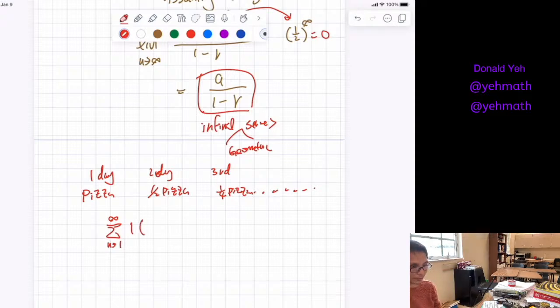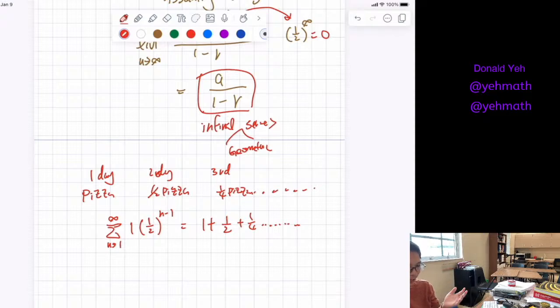Times 1/2 to the n minus 1, right? Because when n equals 1, the first term, 1 subtract 1 is 0. 1/2 to the 0 is 1. Is that okay? The second term is going to be 1/2, plus 1/4.